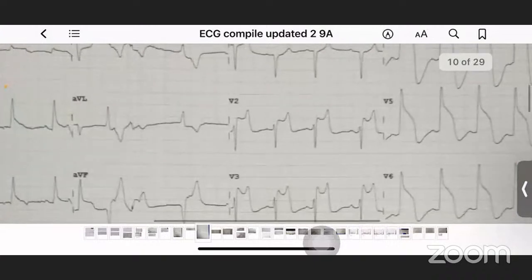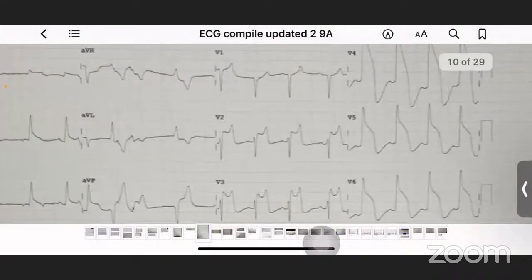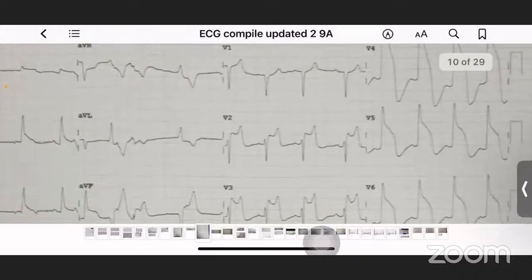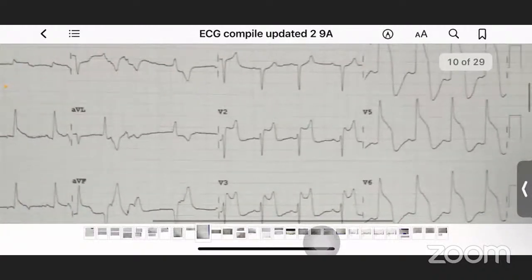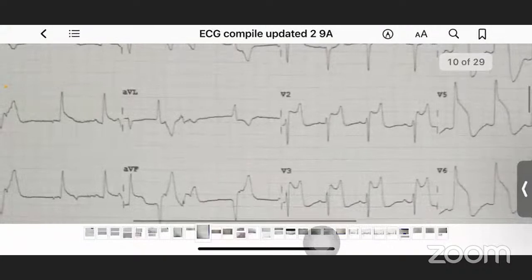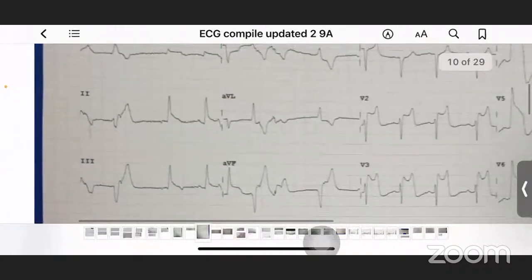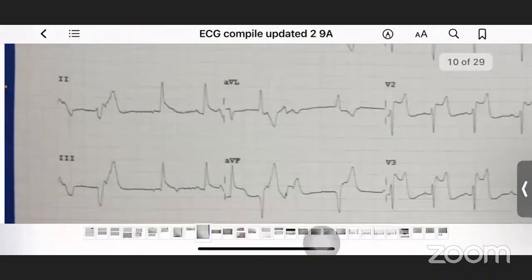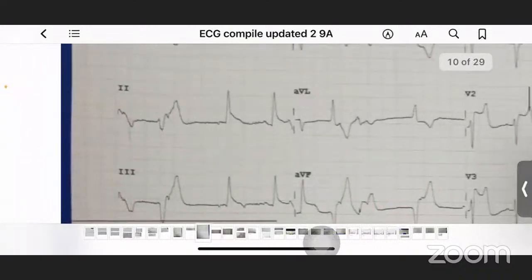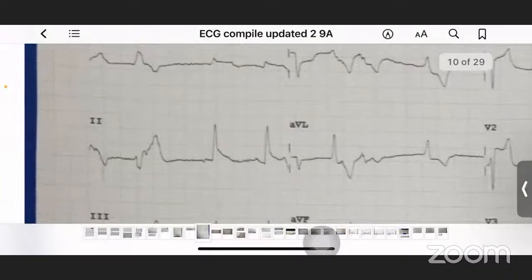But when you carefully look at V1 to V3, the QRS complex is actually narrow. It looks like there is ST elevation in V2, V3. Correct? aVF also, and then 2, 3, aVF. And if you look carefully, P wave is not very well seen.